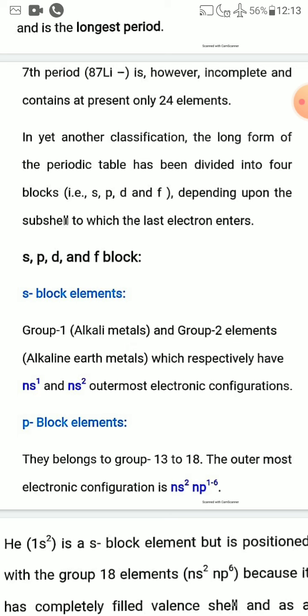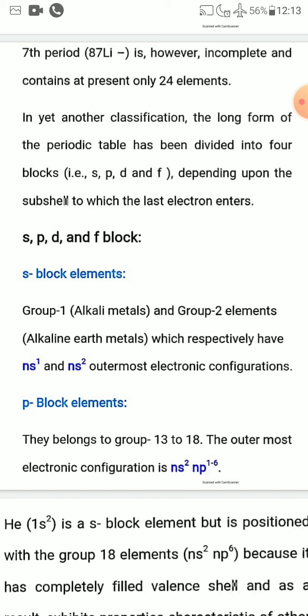Group 1 elements, that is alkali metals, and group 2 elements, that is alkaline earth metals, are S block elements. The general electronic configuration of group 1 and group 2 elements is ns1 and ns2, where n is the outermost energy level, or outermost shell.